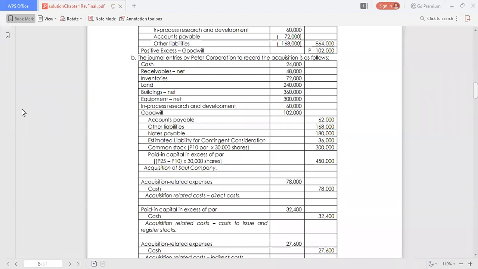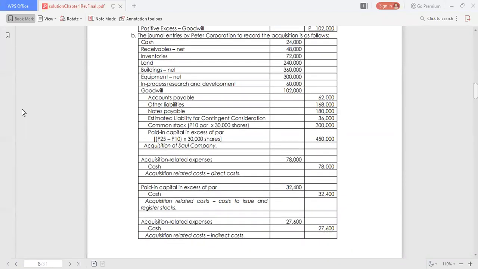And the last here is debit 27,600. That's for your acquisition related expenses, and finally credit to cash for the last amount of 27,600.